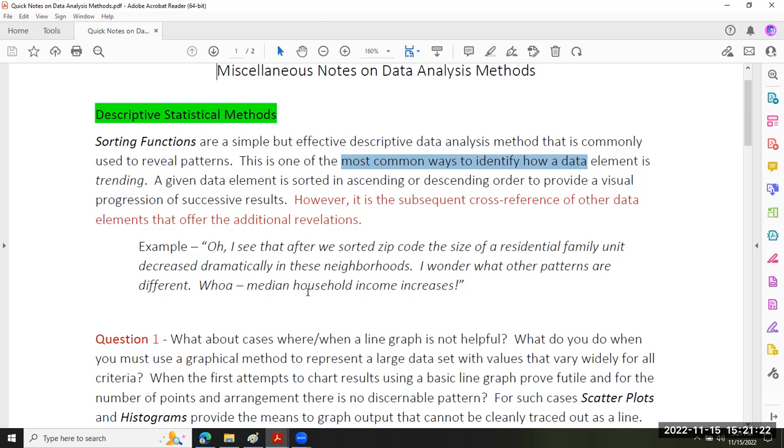So if you had two columns in an Excel spreadsheet, one that had to do with zip codes and one that had to do with body mass of individuals in a given zip code, you could basically work a series of quick sorts by zip code, and then you could create what's called a pivot table.